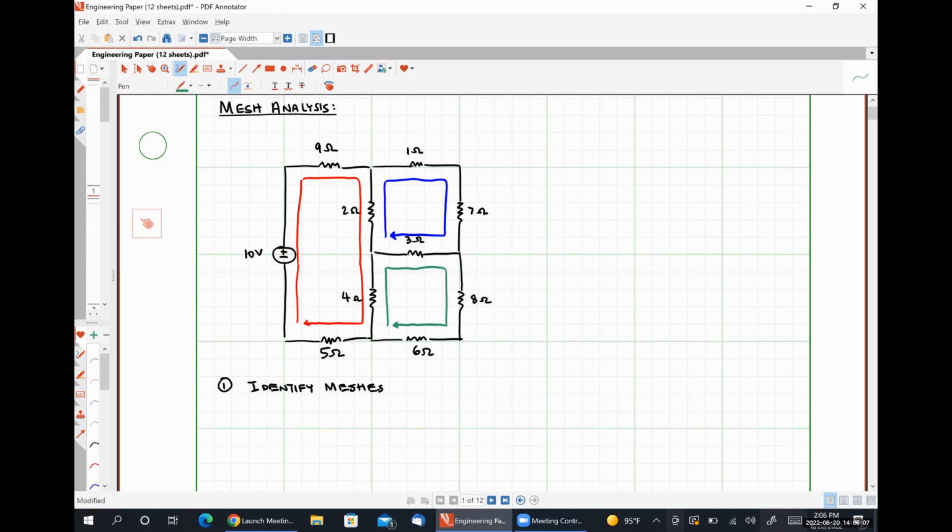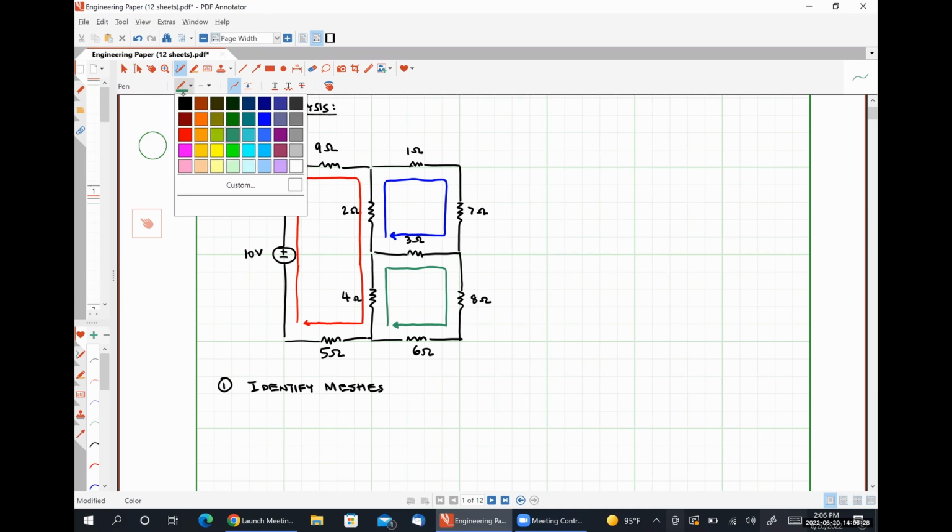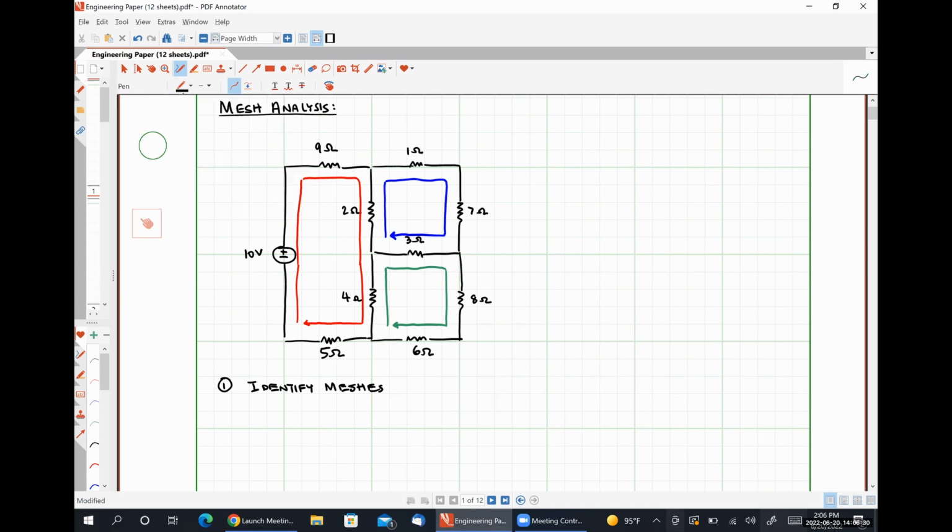I understand that the moment of inertia is typically drawn with a counterclockwise loop or arrow, so some mechanical engineers prefer to go that route. Whatever works best for how you process information is fine by me, but consistency is very, very important to doing this well. All right, so we've identified our 3 meshes for this particular circuit.